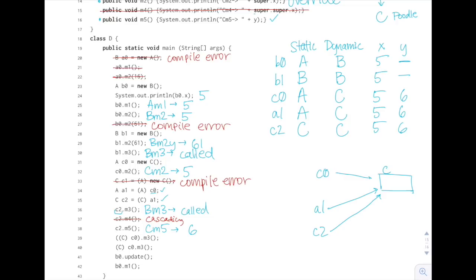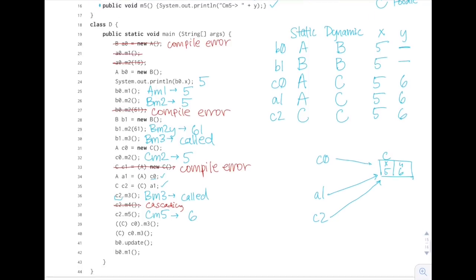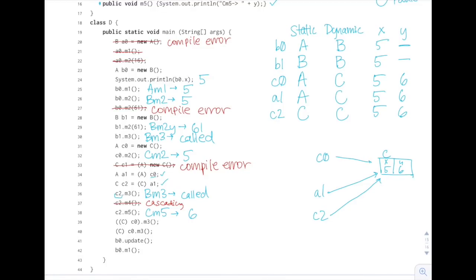Cool. And actually, I'm going to write down X is 5 here and Y is 6 here, just to make it seem a little more box and pointery. All right. Now, I want to call C0's M3 method. Before I do that, I want to cast, so tell the compiler that C0 is really a C. And if we look, it actually is a C, so we know that there won't be a class cast exception at runtime.